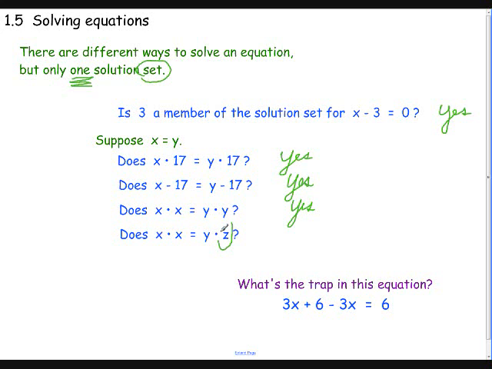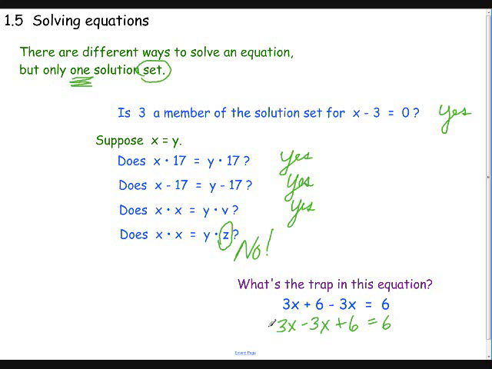Trying to trick us? No. What's the trap in this little equation? Well, we've got 3x minus, I'm just going to apply the commutative property of addition, and I'm changing the position of these two. They're going to swap positions. It's still equal.